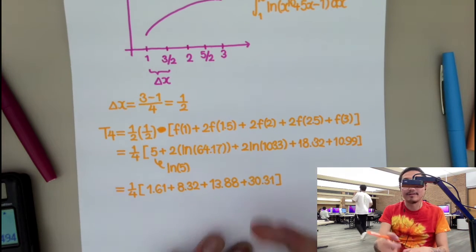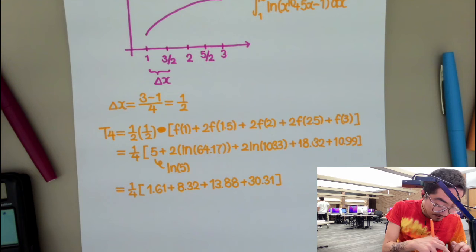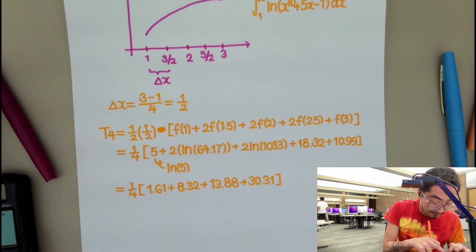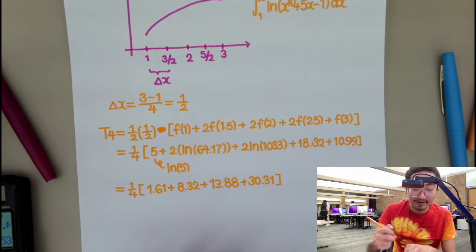Then we just compute those. We have 1 over 4 times 1.61 plus 8.32 plus 13.88 plus 30.31, and it's going to be 13.53.